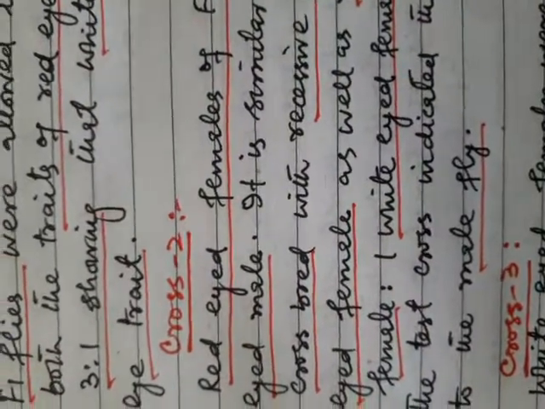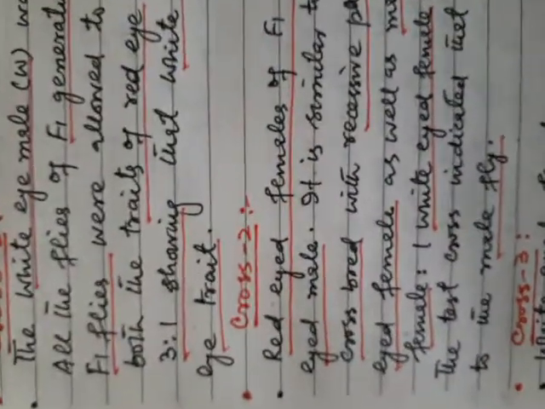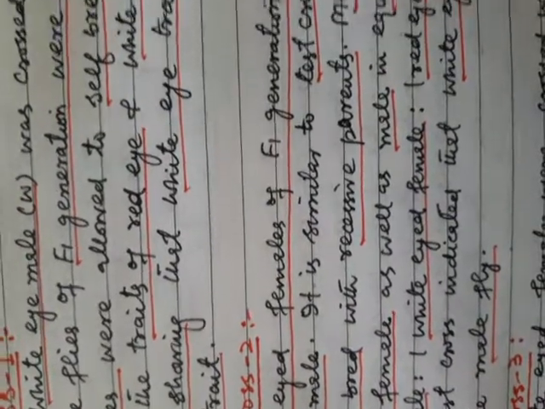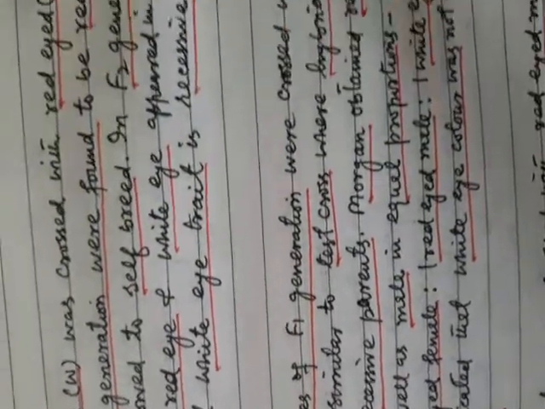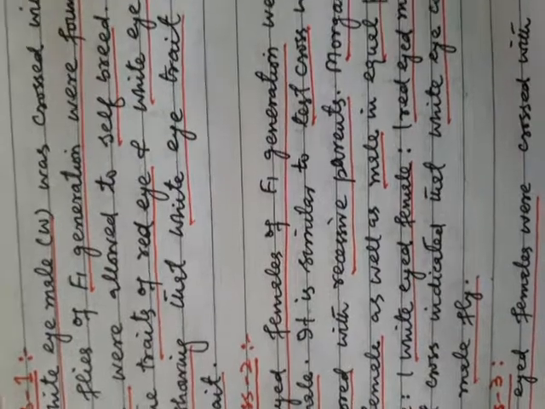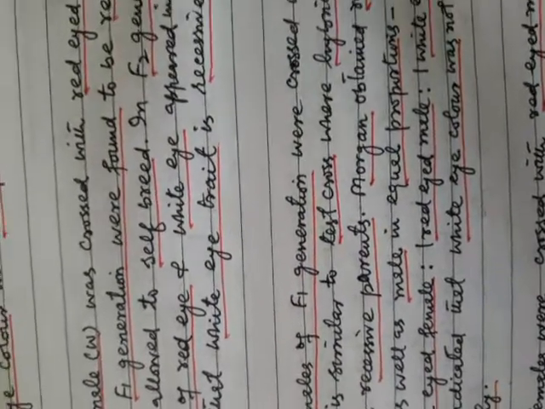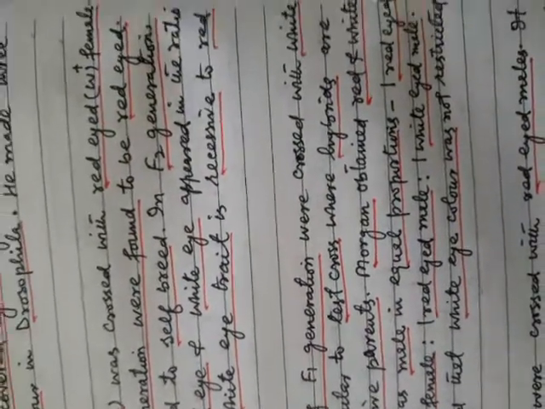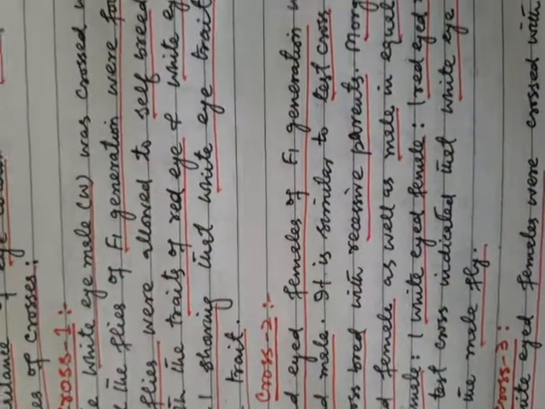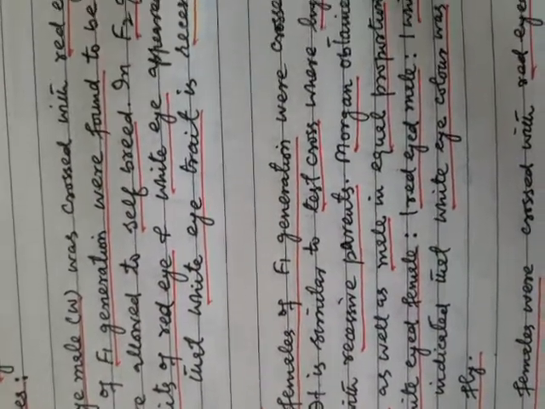Now, cross 2 of Morgan. In cross 2, red-eyed females of F1 generation were crossed with white eyed males. It is similar to a test cross, where hybrids are crossbred with recessive parents.